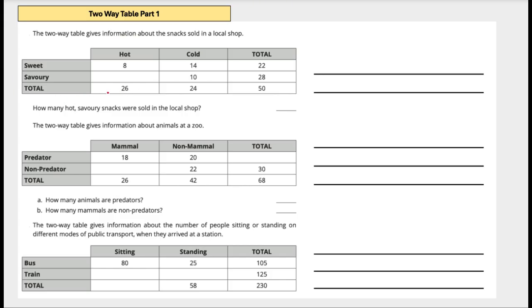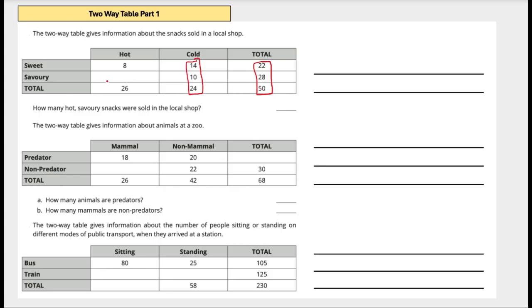This is your total line. So this is telling us that in total, there is 24 cold snacks sold at the local shop. Same here is telling us there was 50 in total snacks sold in the local shop.